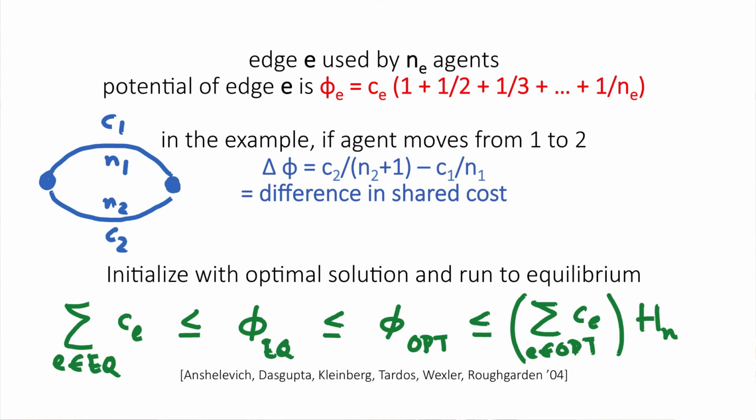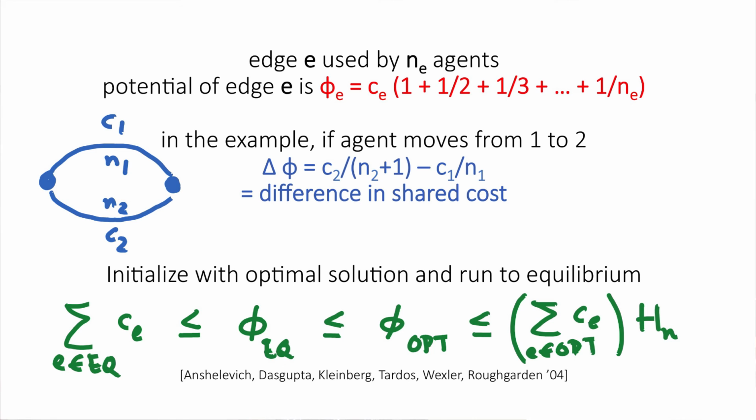So, now let us look at a very simple case where I have a bunch of n1 agents using an edge C1 and n2 agents using a different edge C2 to route between 2 points. Now, suppose an agent moves from the top edge to the bottom edge. What is the change in potential?